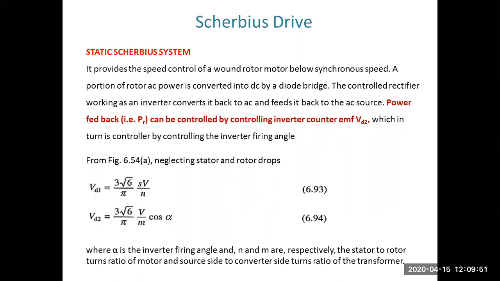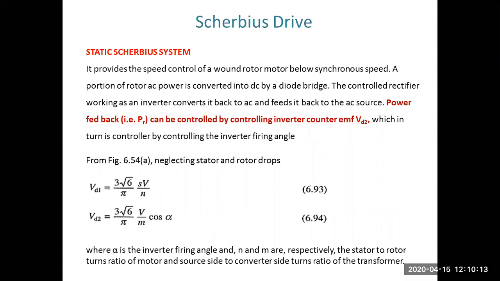There are a total of 4 modes, and in those modes the cycloconverter will operate the Scherbius drive such that the motor will obtain a speed above the synchronous speed. So you can say that to obtain a super synchronous speed, you have to run the Scherbius drive with the cycloconverter in different modes.